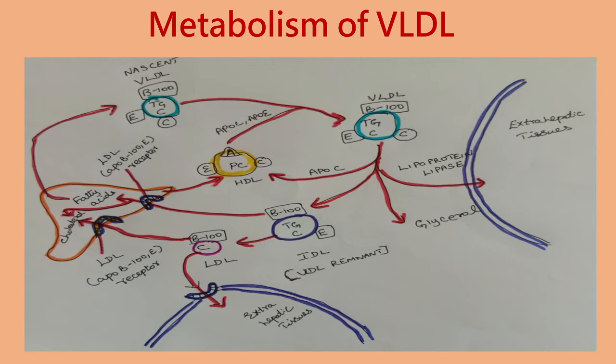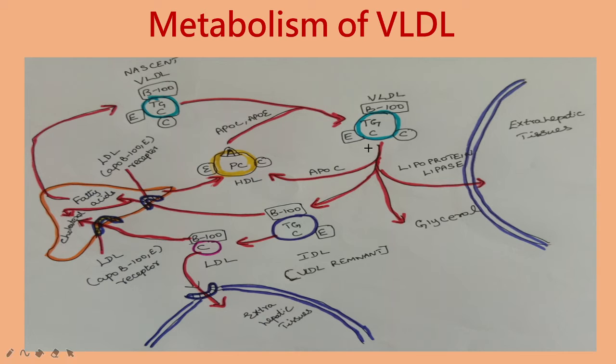In these tissues, the triglycerides contained in the VLDL will undergo hydrolysis by the action of the enzyme called lipoprotein lipase. This lipoprotein lipase will be activated by the apoprotein C2, and insulin also will activate this enzyme. By the action of this lipoprotein lipase, 90% of TG will be converted into glycerol and free fatty acids, and these free fatty acids will be taken up by the tissues.